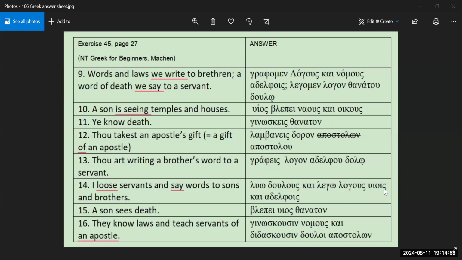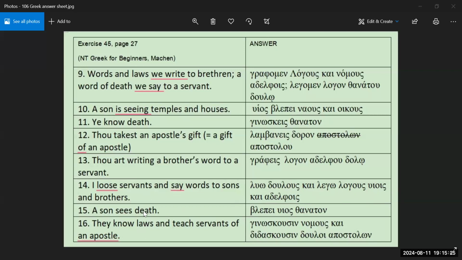See, and you have the iota sigma. They're telling you this is the dative plural. And it's masculine, so ois. So he's speaking to sons and to brothers. So I loose servants and speak words to sons and to brothers.